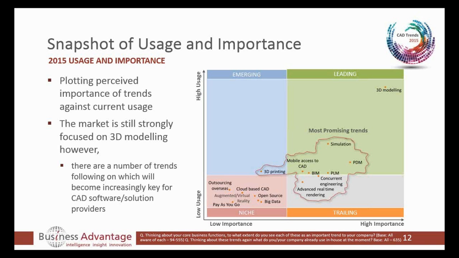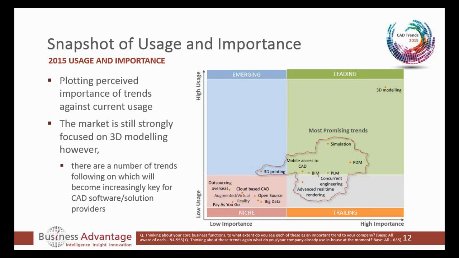If we now go to the bottom right quadrant, we've called these trailing trends. They are at the moment rated as having a higher importance, but their usage is still relatively modest. If we go to the top left-hand quadrant, we've called these emerging, and although relatively low usage at the moment, with increasing importance, is 3D printing.